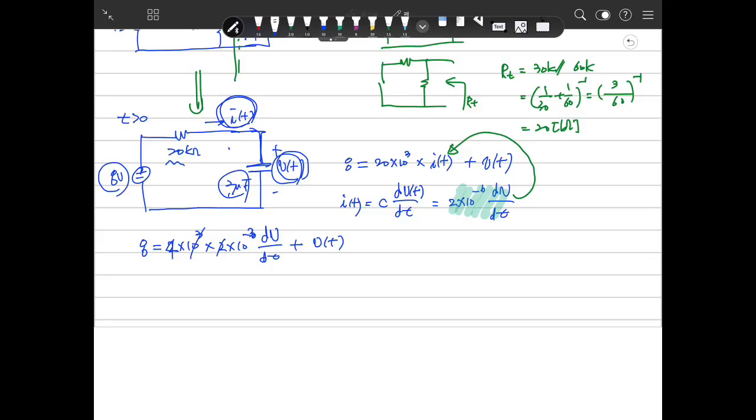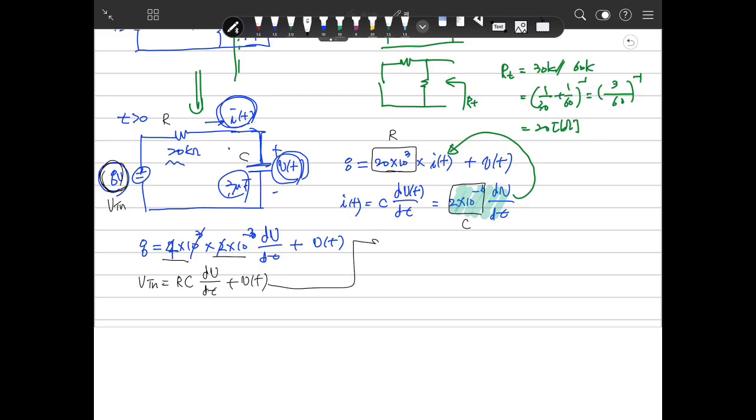Actually, if you use the symbols instead of the numbers, we can define R and C, so V in is RC dVT/dt plus VT.